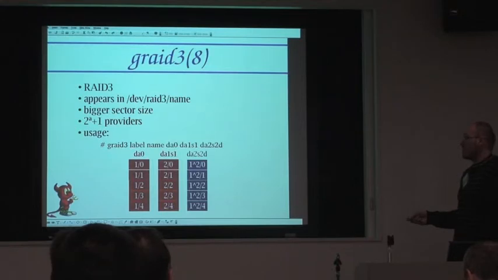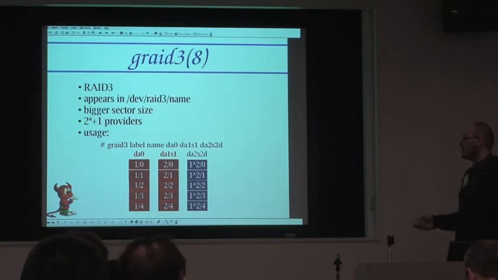So when we use 3 GEOM providers for our RAID 3 device, the sector size of this device will be 1 kilobyte, because in RAID 3, when we write, we have to write to the entire stripe. So we have to write, in this example, 1 kilobyte of data at least. This is all used only for parity.